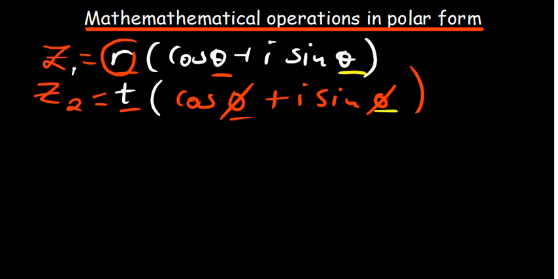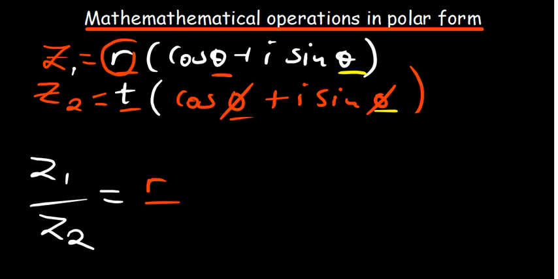The other thing that is important is being able to determine the quotient, that is, to divide these complex numbers. How do you do that? Assuming we want to find the quotient of z1 to z2, we divide. As you might guess, for the absolute values r and t, we divide. Then I start with the first one on top, z1, which has cos theta.